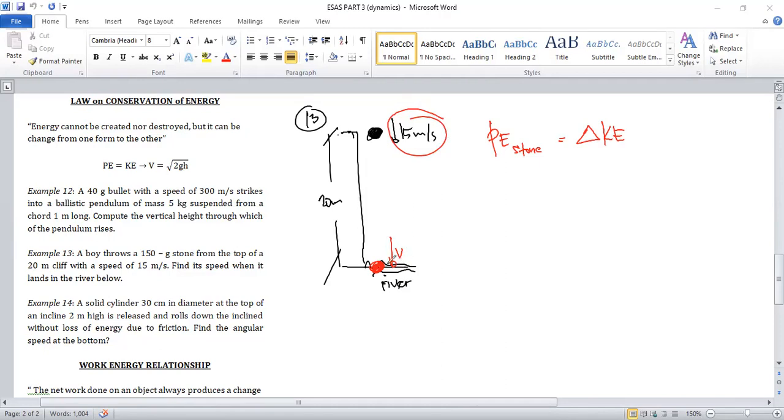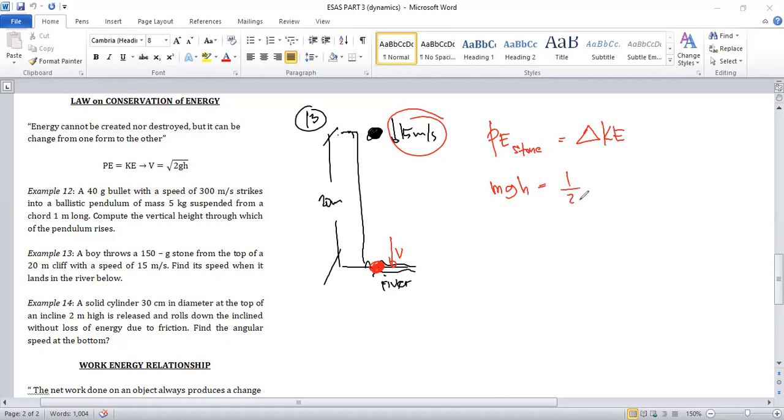So when it hits the river is of course different, okay? So than the initial speed. So we would say that the potential energy possessed by the stone initially is mass of the stone multiplied by the gravitational pull multiplied by the height h.